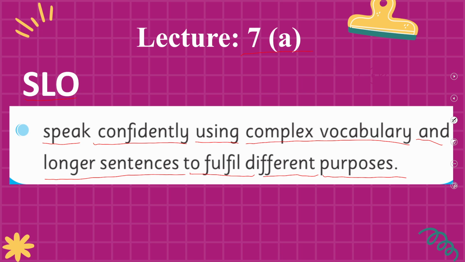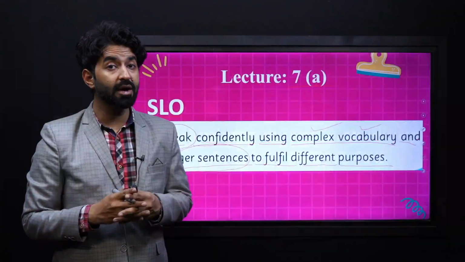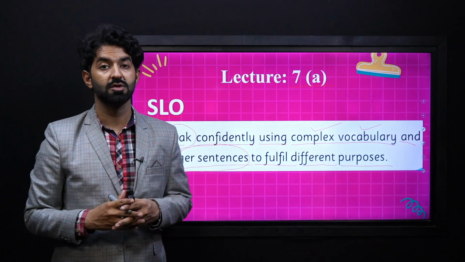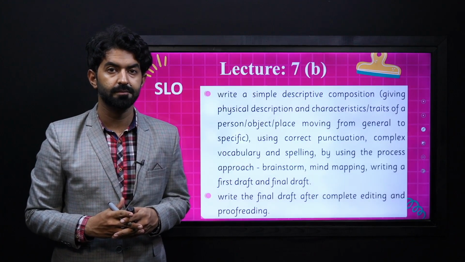This one is about the competency of oral communication, so it will make us speak and enhance our speaking skills. Speak confidently using complex vocabulary and longer sentences. So complex vocabulary and longer sentences will be the target of achieving this student's learning outcome effectively.